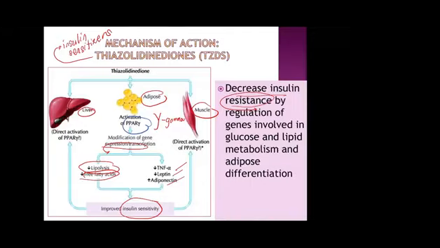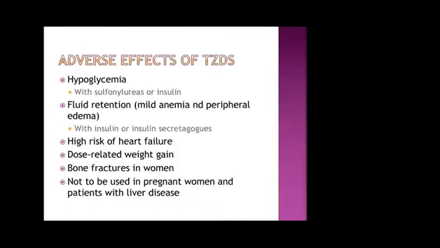So although thiazolidinediones are highly effective sensitizers, we have numerous toxicities encountered with the use of these agents. Very common is hypoglycemia, most especially if they are being combined with other hypoglycemics like sulfonylureas and insulin. And there could also be cardiovascular adverse effect.